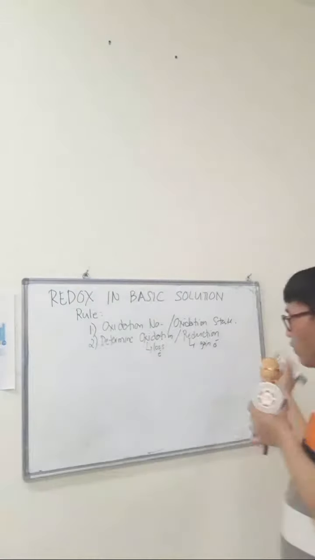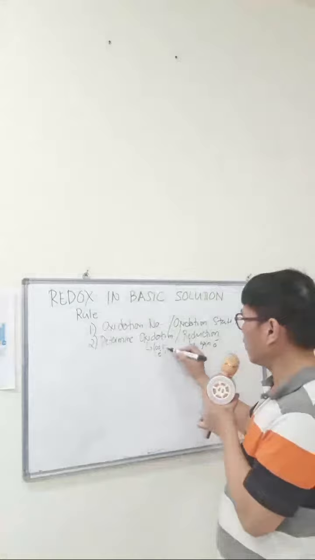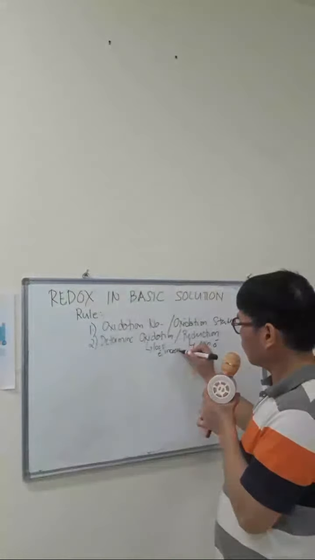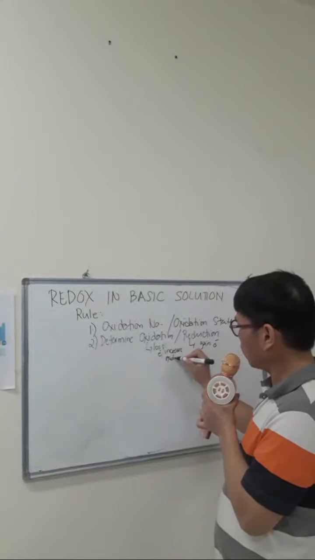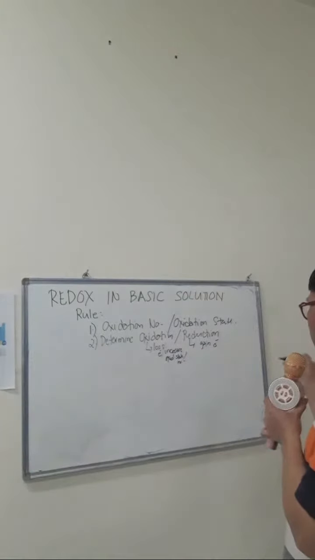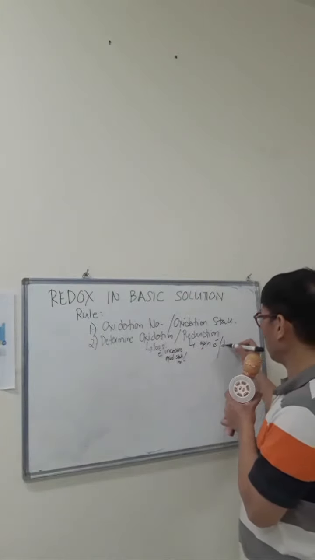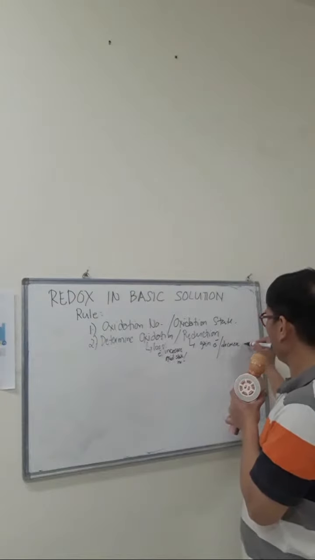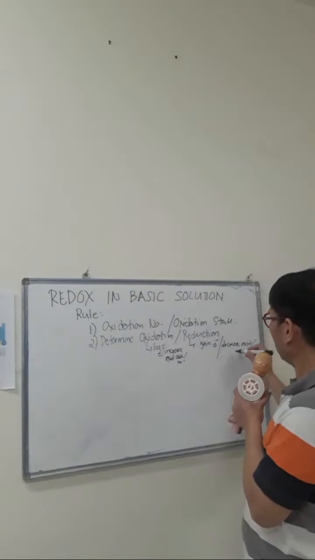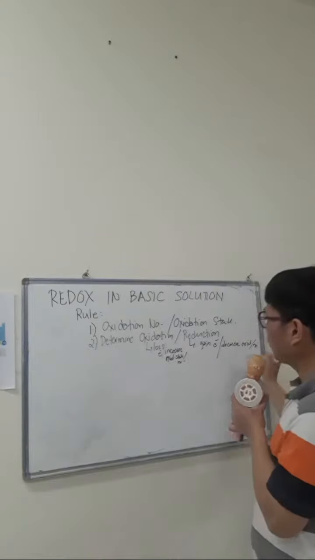Loss of electrons means there's an increase of oxidation state or oxidation number, and for the gain of electrons there's a decrease of oxidation state or oxidation number.